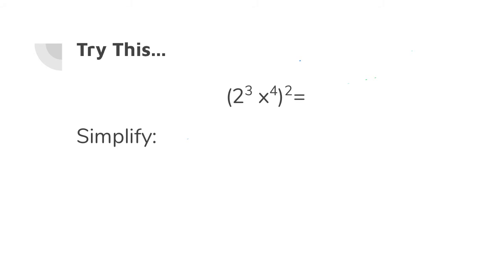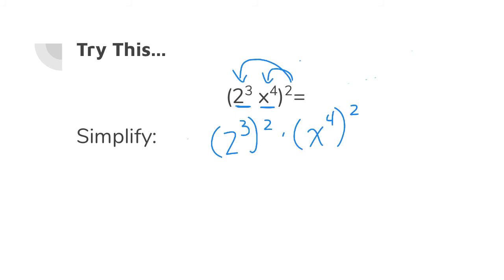Okay, if I want to use my rule, it simply means that I have 2 parts in here that need to be squared. I need to square 2 to the 3rd and x to the 4th.